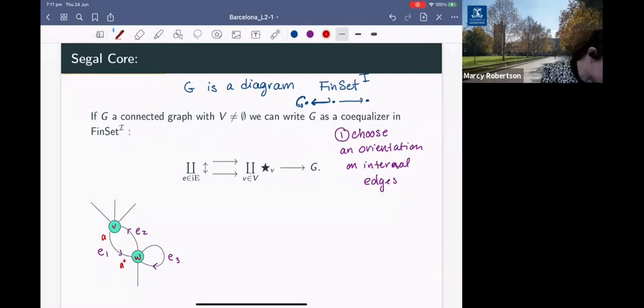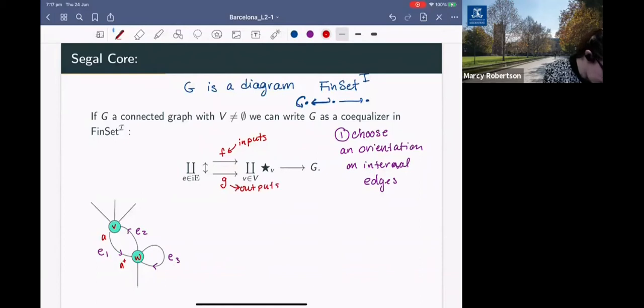Now I can define two maps. I'm going to call them F and G, mapping an internal edge to the star of a vertex. I'll have F take inputs, and G will be outputs.